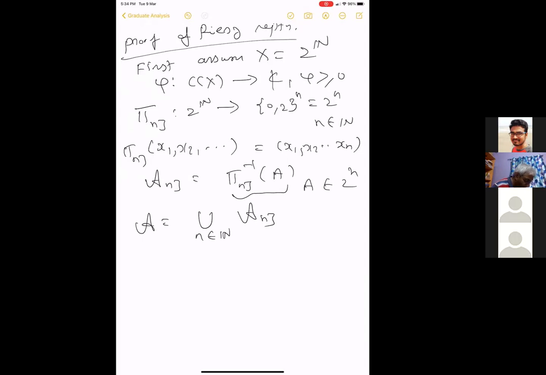For a set in the inverse image under pi_n of A, when you have the finite projection there, the topology is given by that. So any set of this form, pi_n inverse of A, is both open and closed. It's a finite set, of course, a finite set in 2 power n. So it is both open and closed.